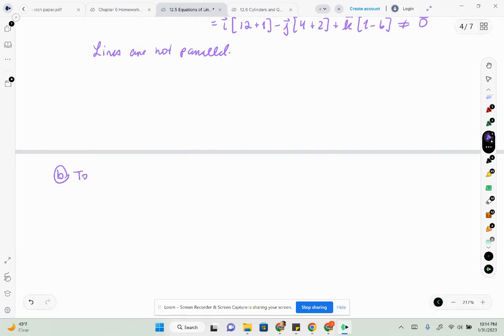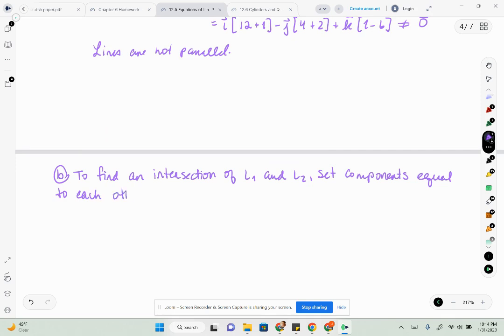To find an intersection of L1 and L2, we will set components equal to each other and try to find a t and s value that satisfy all three equations.